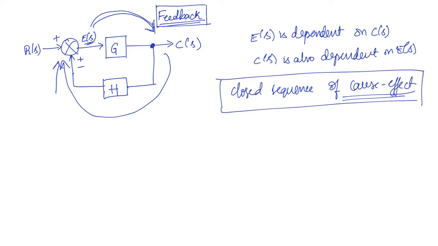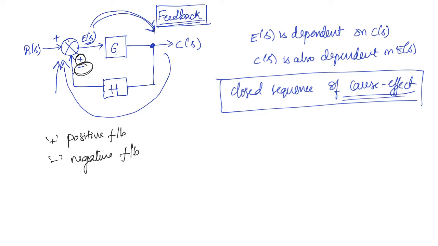Here the feedback, if it is with a positive sign, then it is called a positive feedback system. If it is a negative sign, then it is called a negative feedback system.